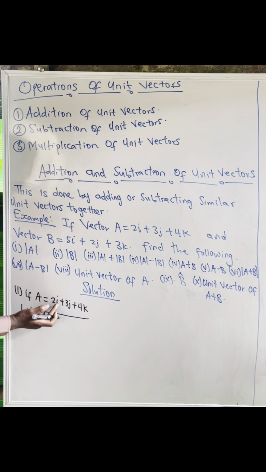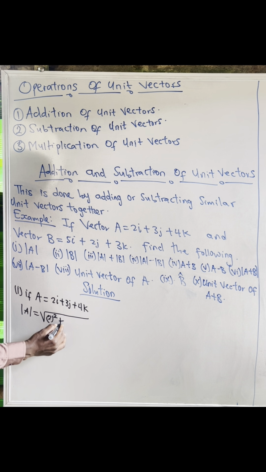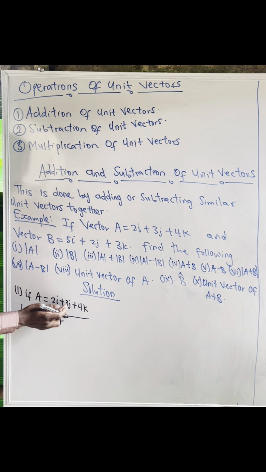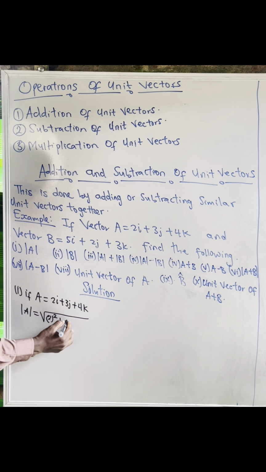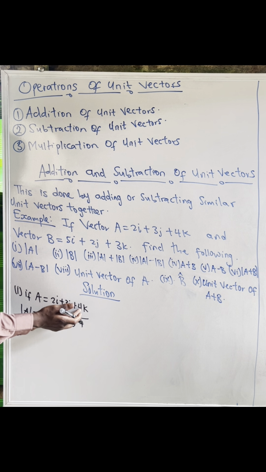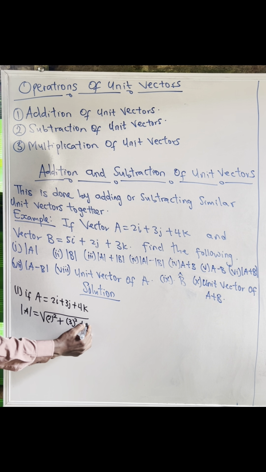What is the coefficient of i here? That is 2. So this will just be 2 put inside a bracket, squared. Then you place plus here. Now, the coefficient of j here is 3, so open bracket, 3, close bracket, squared, plus the coefficient of k here, which is 4. So this will be 4 in brackets, squared.